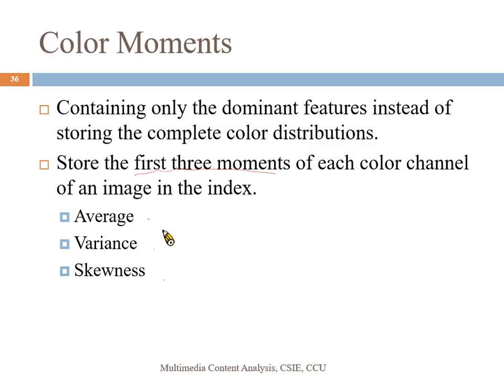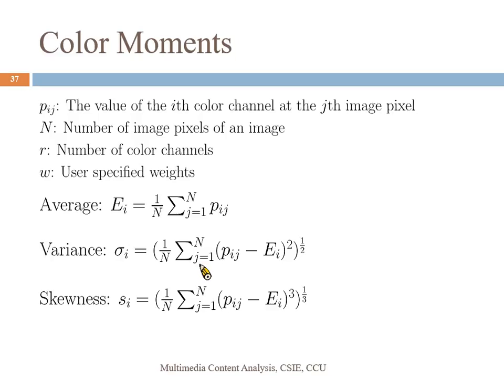Basically, these three values are simple statistical values given a distribution. For example, we calculate the average of the red channel, variance of the red channel, and skewness of the red channel, and we can calculate the same values from the green and blue color channels to form the color moments.